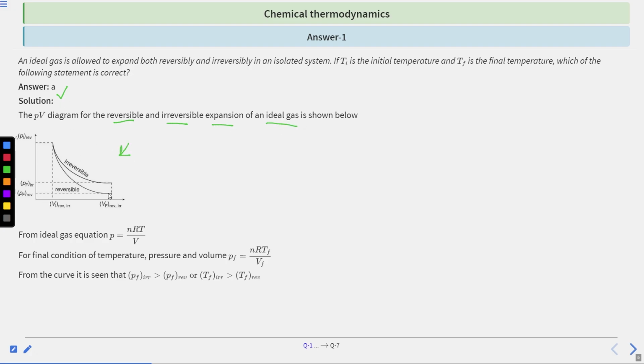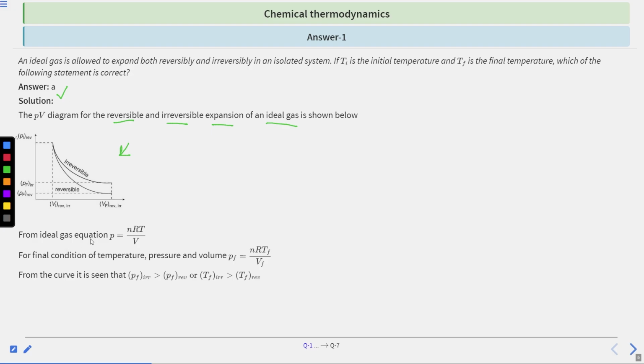We have a graph with an x-axis and y-axis. On the x-axis we have the volume for the reversible and irreversible processes at the initial and final states, and on the y-axis we have pressure for the reversible and irreversible processes at the initial and final states.